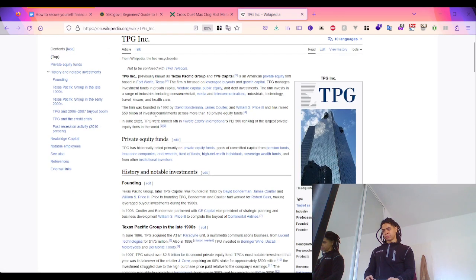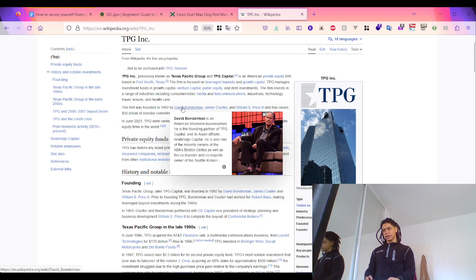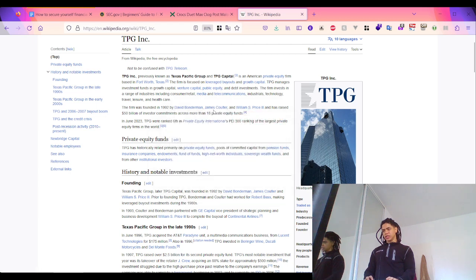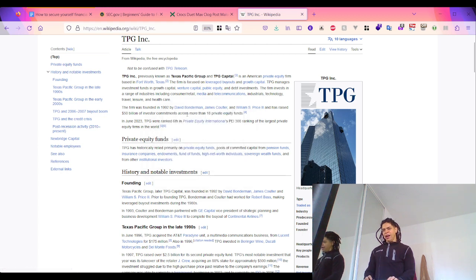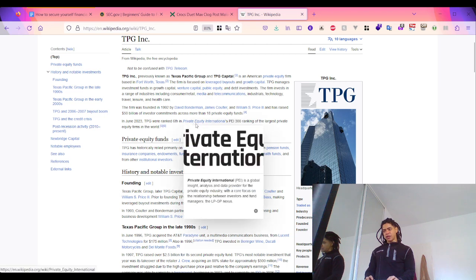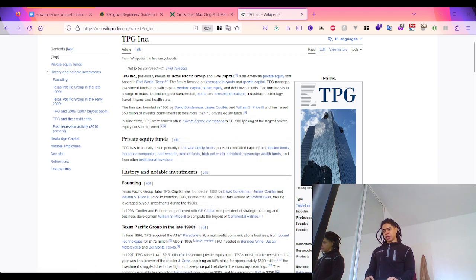The firm was founded in 1992 by David Bonderman, James Coulter, and William S. Price III, and raised 50 billion of investor commitments across more than 18 private equity funds. In June 2023, TPG was ranked 6th in Private Equity International's PEI 300 ranking of the largest private equity firms in the world.